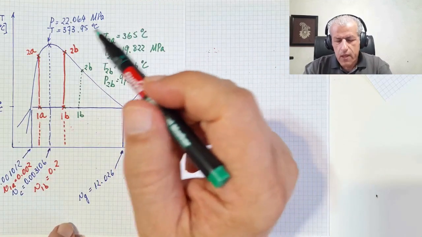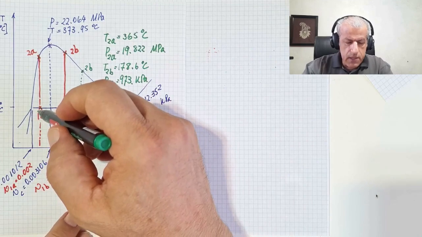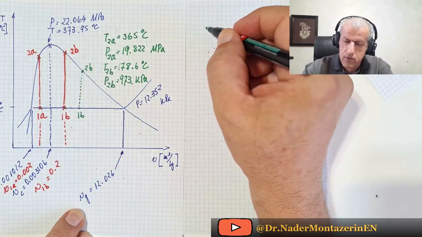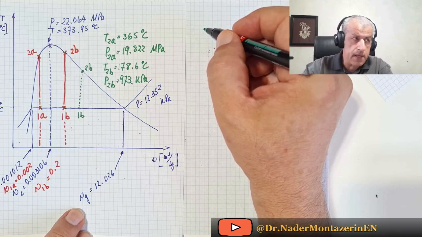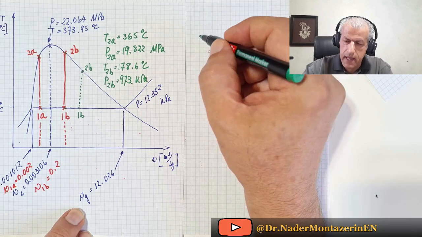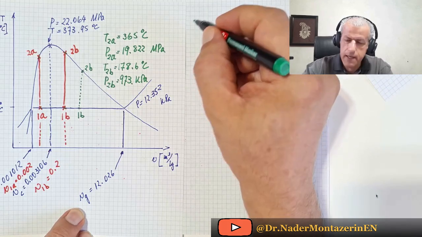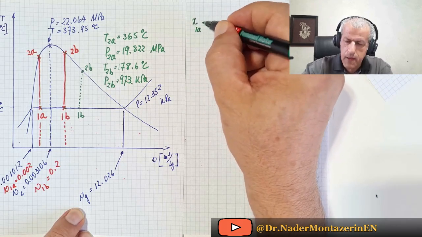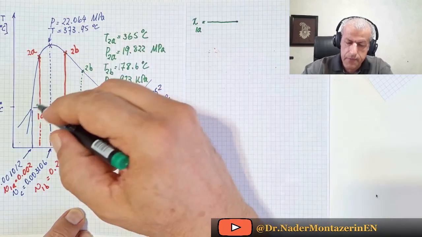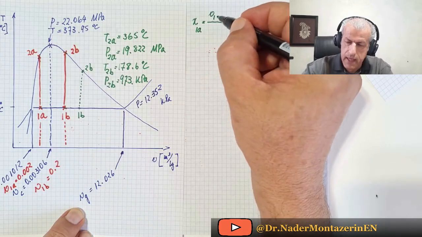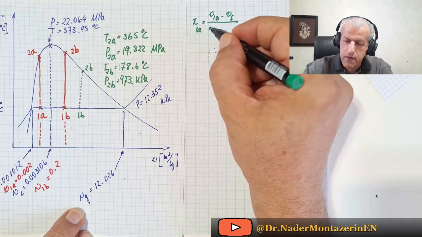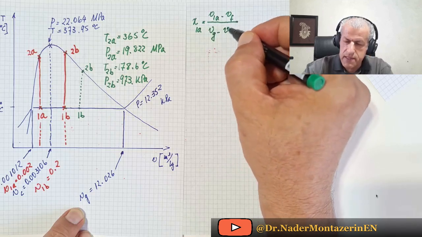For the initial point, we have 1A, and we could calculate its quality. x1a would equal the specific volume V1a minus Vf, divided by Vg minus Vf.